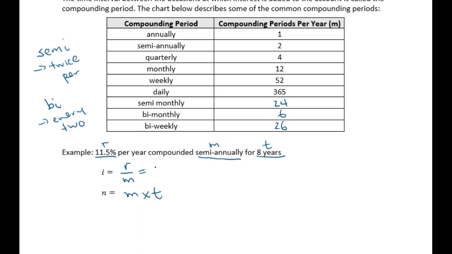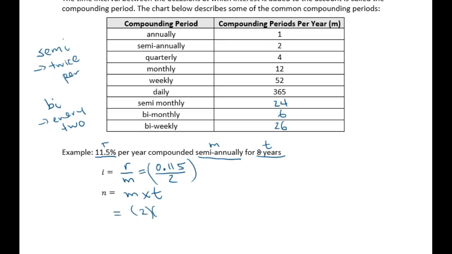So our r value is 0.115 as a decimal. m is semi-annually, so it's 2. The recommendation is to leave this in fractional form so that you don't lose any of the integrity until the very end. So I'm just going to leave it as a fraction. So that would be my i value. And then my m value is, again, semi-annually, which is 2.